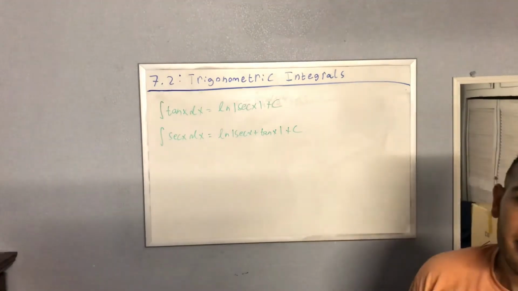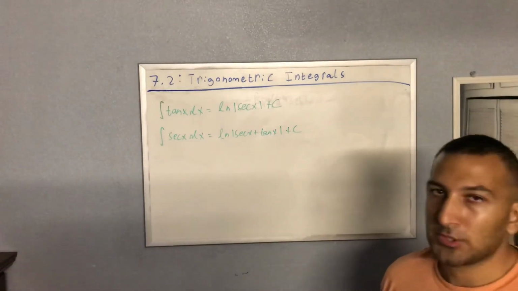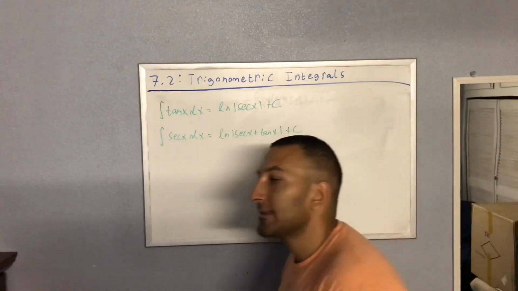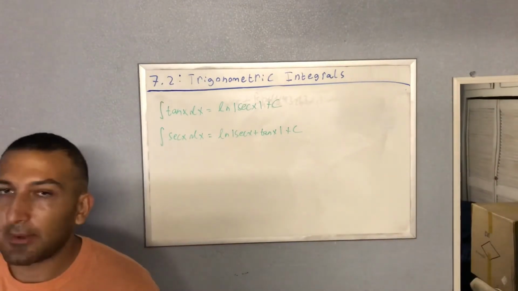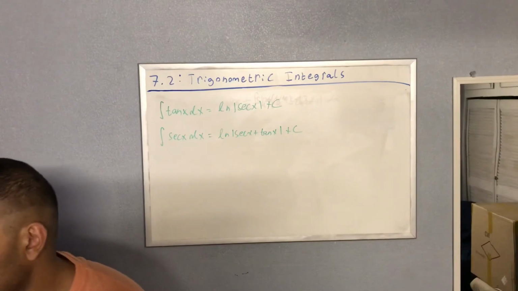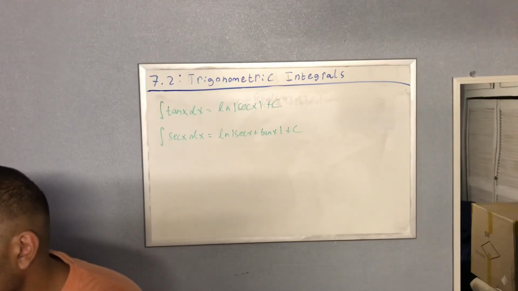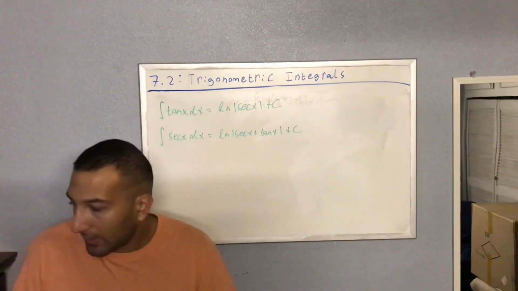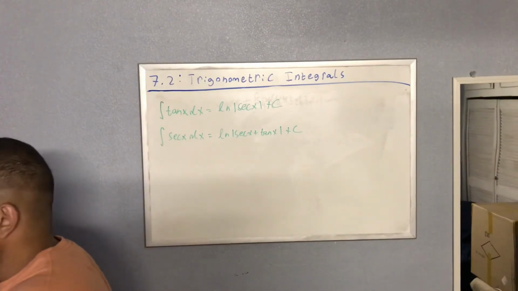So these are just little tools that we're going to use, just like the Pythagorean identities. They're something we want to keep in our back pocket. Okay, so let's see how they're used. Let's say we want to find the integral of tangent cubed.